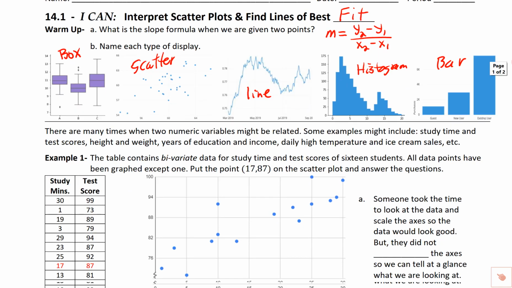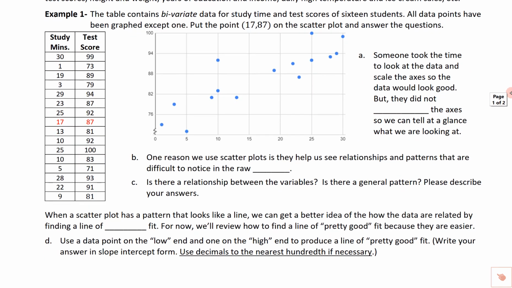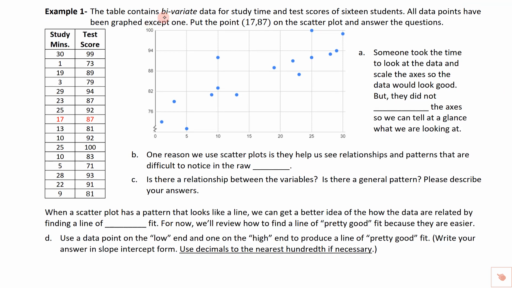So I'm hoping that almost everything that we do on example 1 is just sheer review. Example 1 says the table contains bivariate data. Now the word bi right there means two. So it's got two variables in this data chart right here. And it says it's comparing study time and test scores of 16 students. So over here, and I'm just going to write this off to the side because it's a good idea, we've got 16 students.